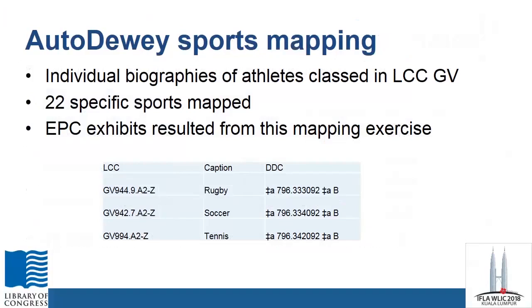Maybe in LC there's ice skating, but in Dewey there's figures. Julie, is that the way it is? It's more general in LC and more specific in Dewey, so it asks you which one it is. But otherwise, it's a one-to-one mapping. And again, that's the only question it asks, which sport it is, if it has that question. Otherwise, it knows exactly which LC class to map to Dewey. And it also adds the subfield B for biographies, since these are all biographies.